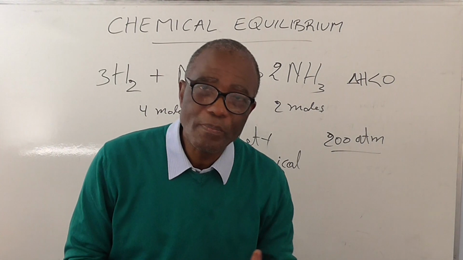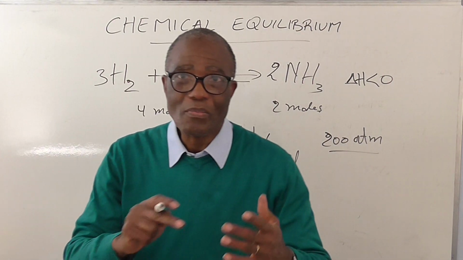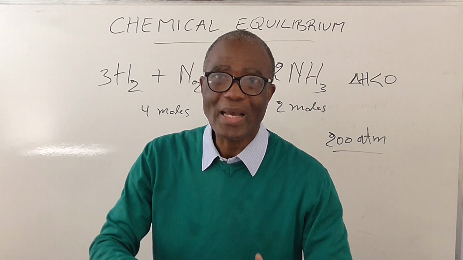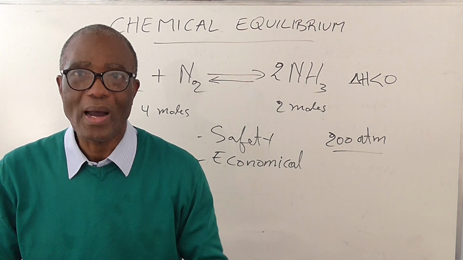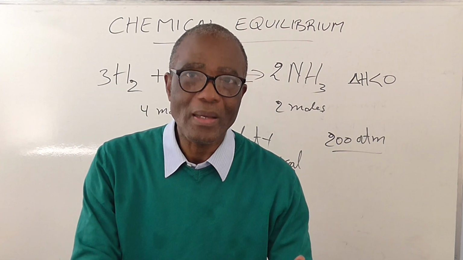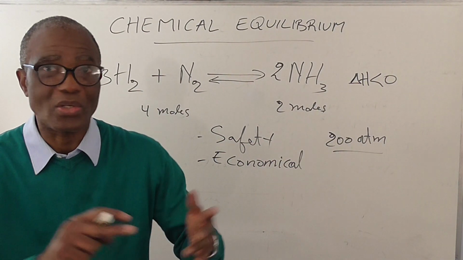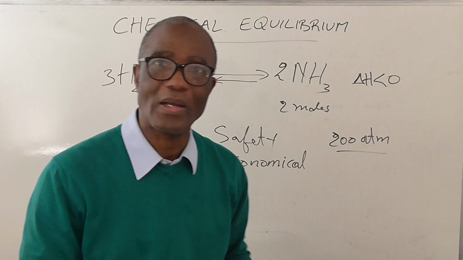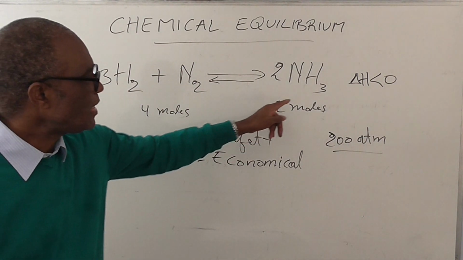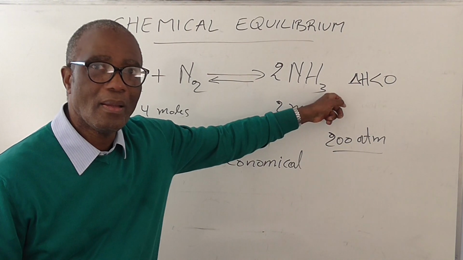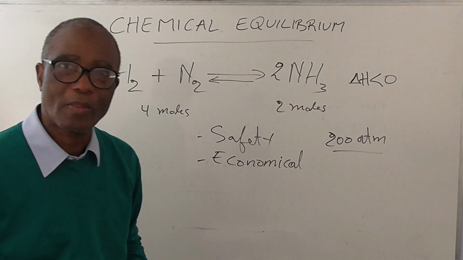We have learned in the rate of reaction, the factors that affect the rate of reaction are temperature, concentration, particle size, and so on. Now, this is an exothermic reaction.